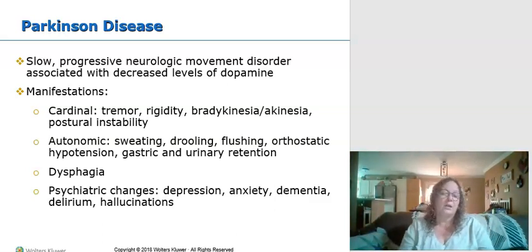They can have some autonomic symptoms, so sweating, drooling, flushing, orthostatic hypotension, gastric and urinary retention, may eventually have some dysphagia, and can also have psychiatric changes in a certain percentage of patients with depression, anxiety, dementia, delirium, and even potentially hallucinations, so be aware of that.